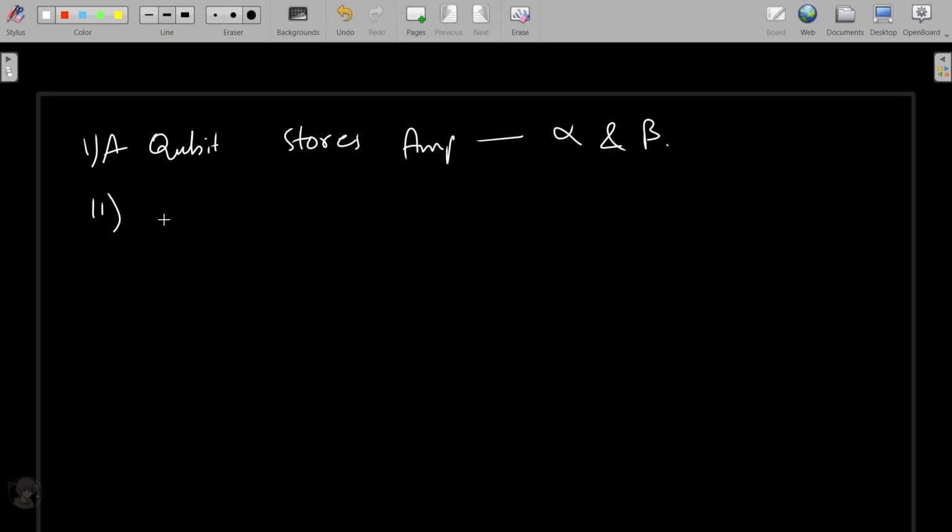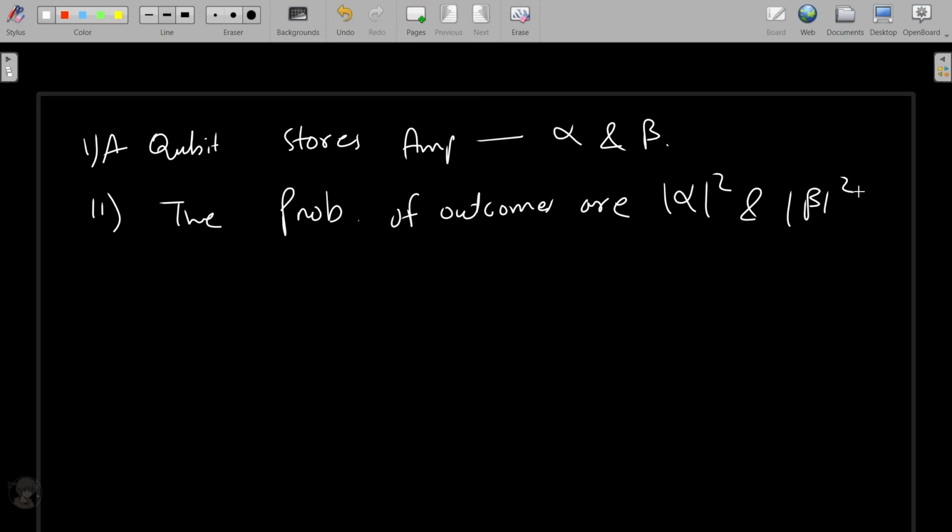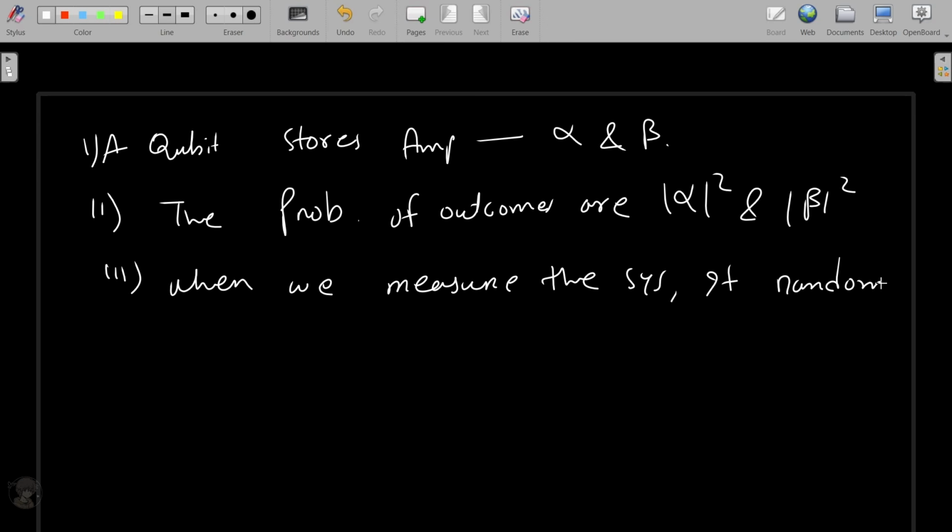Second, the probabilities of outcomes are modulus alpha squared and modulus beta squared. Third, when we measure the system, it randomly produces one outcome according to those probabilities.